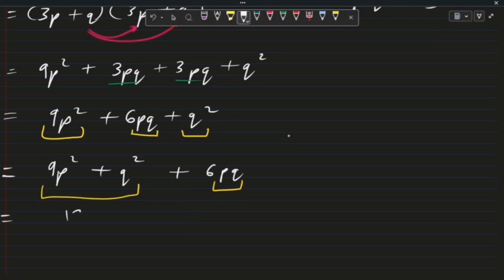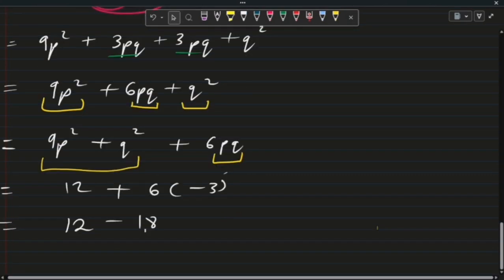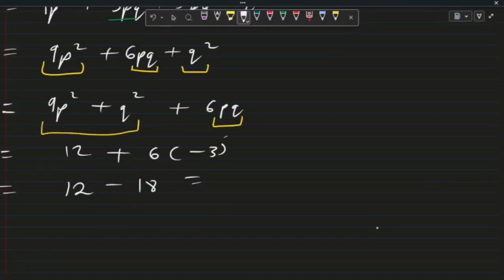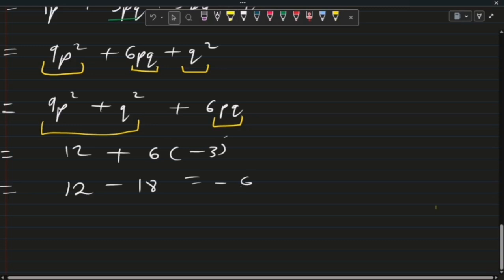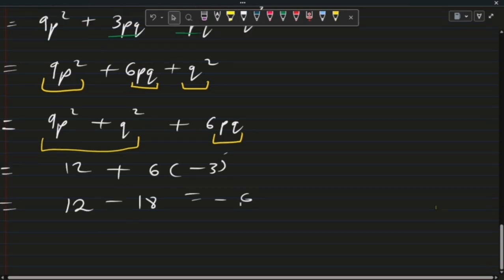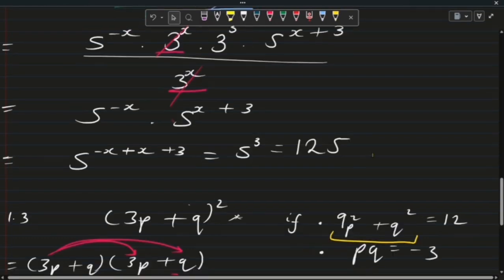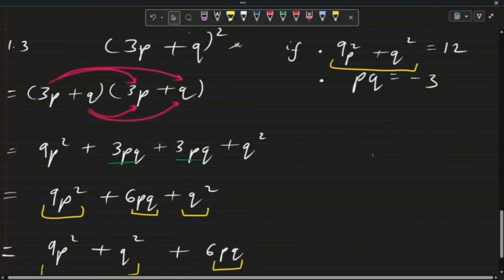So this is 12. p times q is given to be minus 3, so 6 times minus 3, that is negative 18. So we see that our expression has a value of negative 6. So our final answer is negative 6.